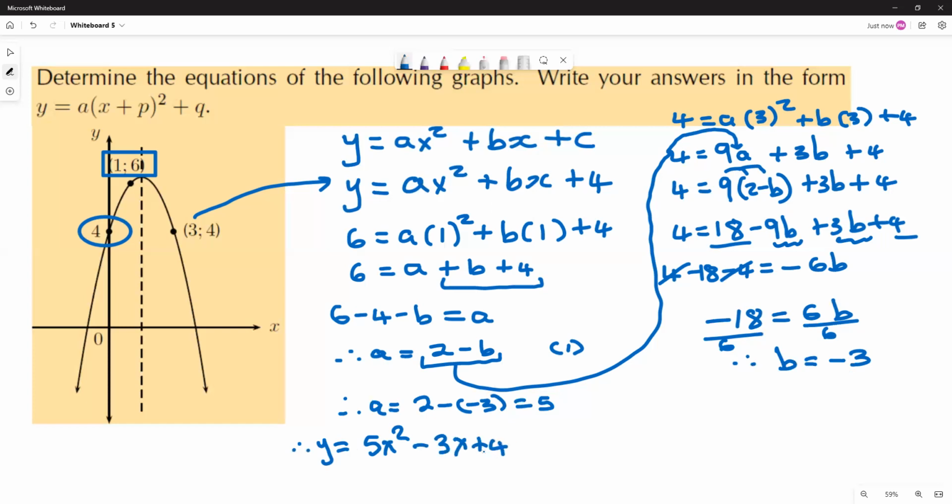And then, ladies and gents, I'm sure you now know how to find the turning point. From here, you just find the turning point and do the opposite when you substitute. The y value will remain the same, and you have your a, which is 5. Perfect. If you are not sure how to write it in this form, just check number 3 again, how I did it, and it should make sense.